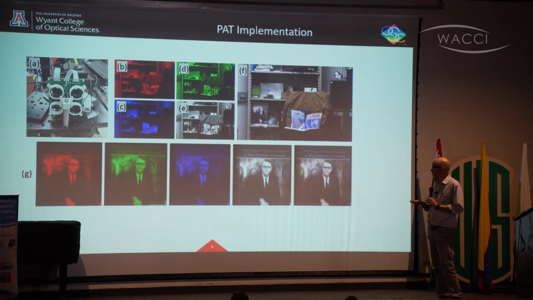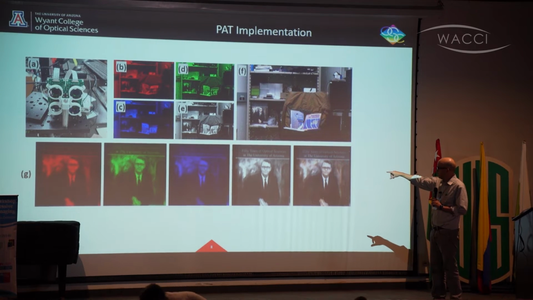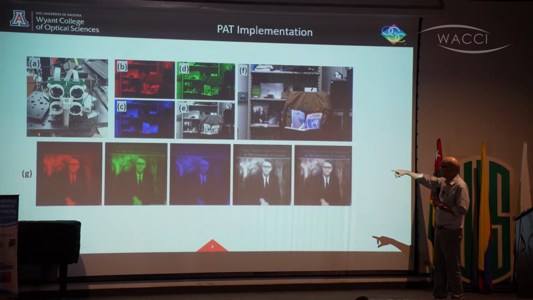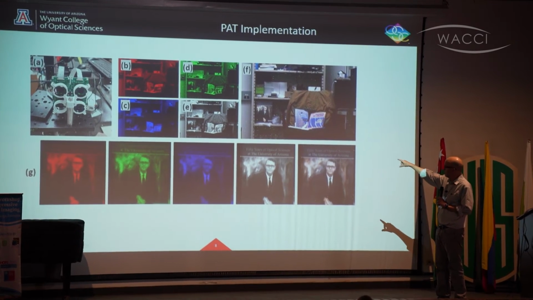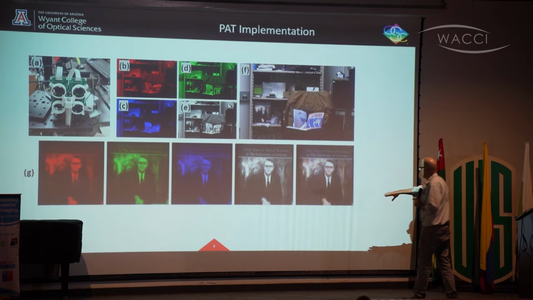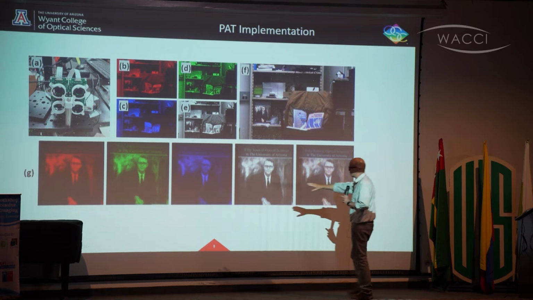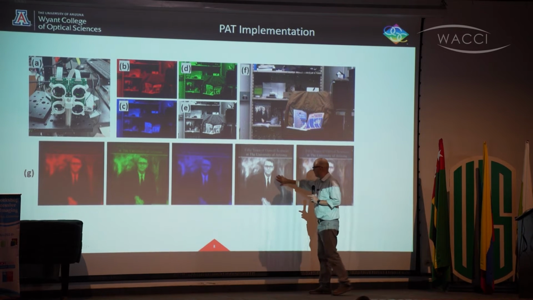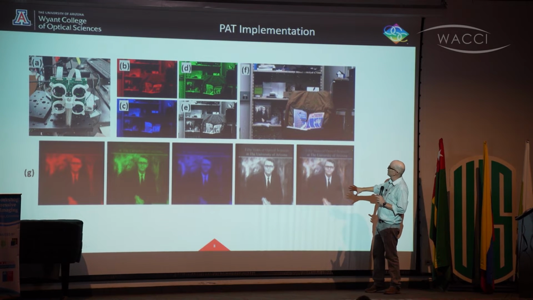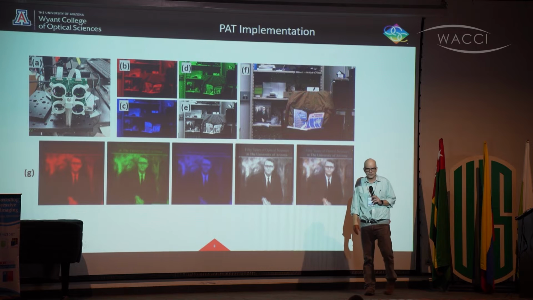Whereas in this case, for the array camera imaging, we build a small camera array with different color filters on each. We have a red, green, and blue and a clear channel on the array. It's not really clear here, but this is the red, green, blue, and monochrome image, and then this is the fused high-resolution image. If you go to the paper, this looks a little better than it looks here.